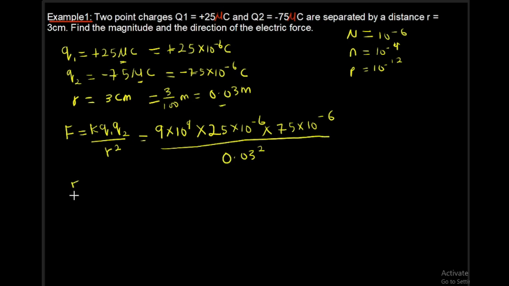So now we can use our calculator to solve this. We have 9 times 10 raised to the power 9 times 25 times 10 raised to the power of minus 6 times 75 times 10 raised to the power of minus 6 divided by 0.03 squared.